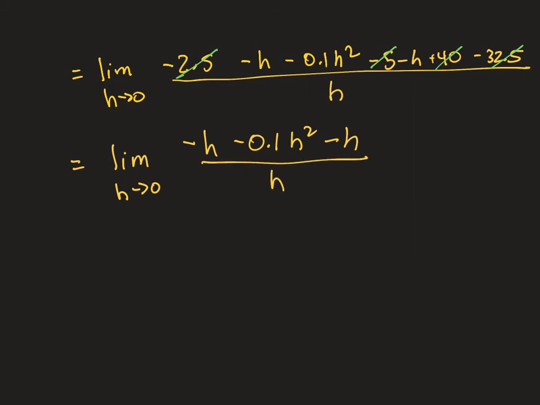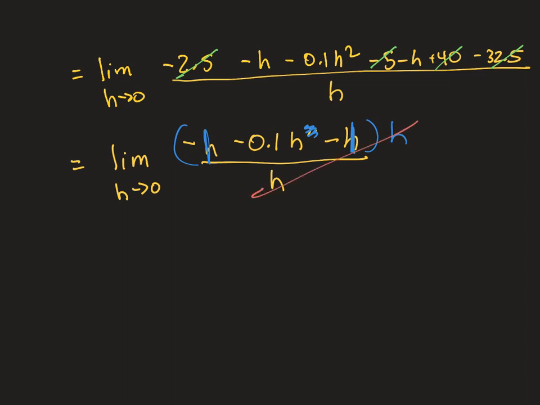Then I can factor out an h from this top part. That makes this a 1, that makes this a negative 0.1 h, and that makes this a 1. And that's good news because now these h's cancel.